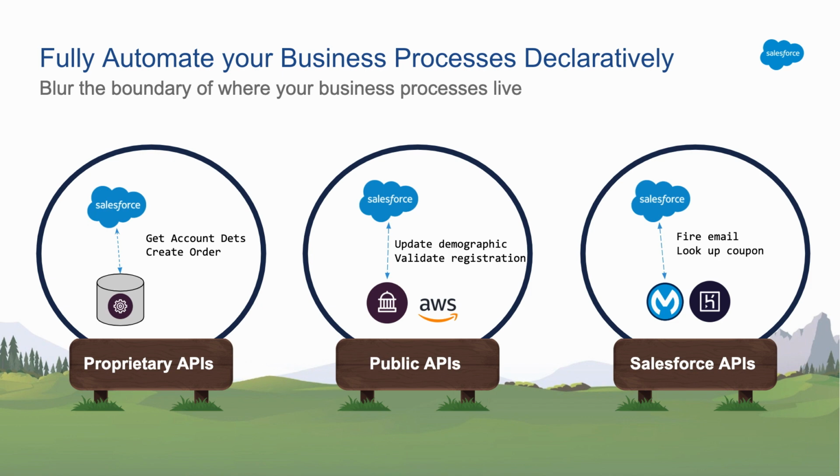Or how about creating an order in an external ordering system when the opportunity is closed won? With external services, we can send over both the opportunity and the opportunity line items in one API call, which we haven't previously been able to do without custom code.